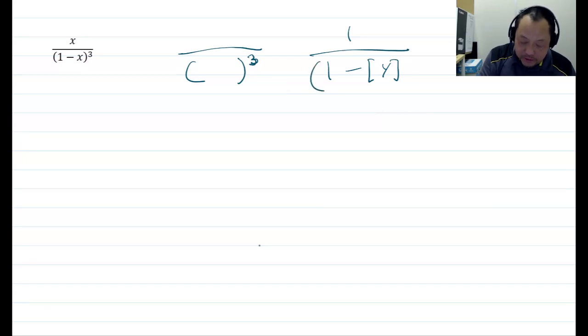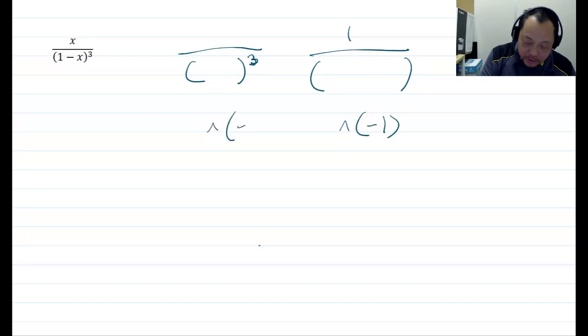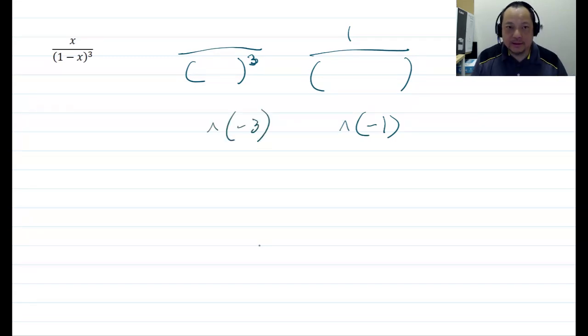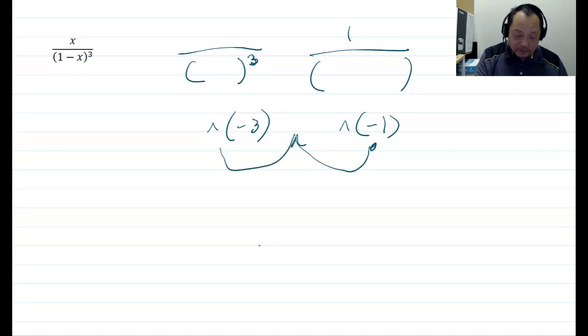If we zoom out a little bit and not think about the details, this is something to the power negative 1. And this is something to the power negative 3. When you take something to the power negative 1 and differentiate it once, you get negative 2. And you differentiate again, you get negative 3. So this looks like the double derivative of something. Let's try it.